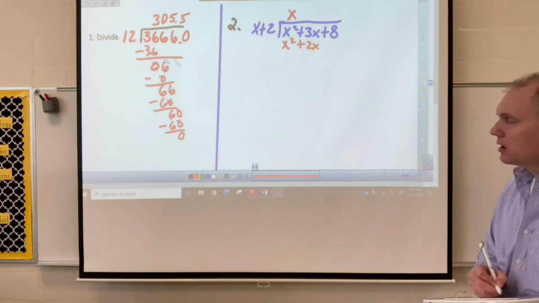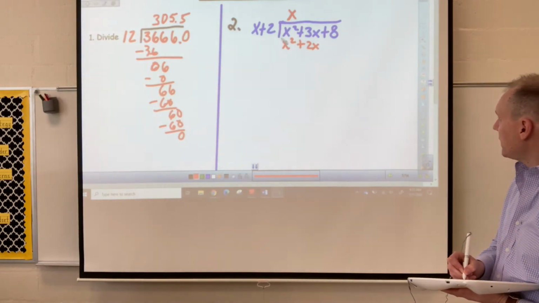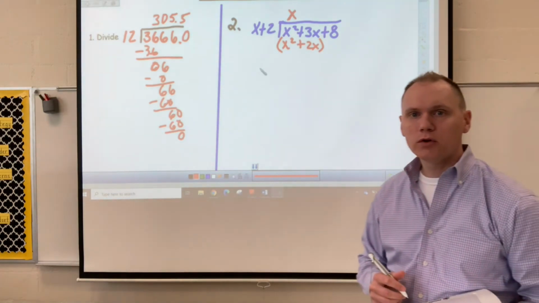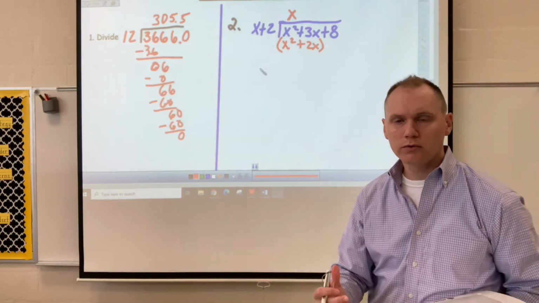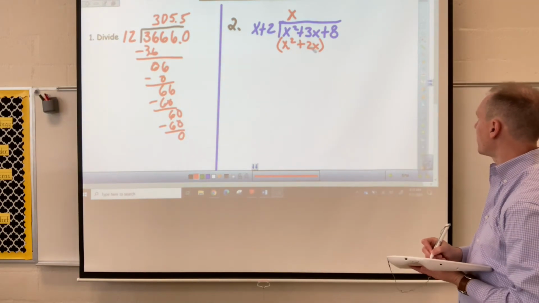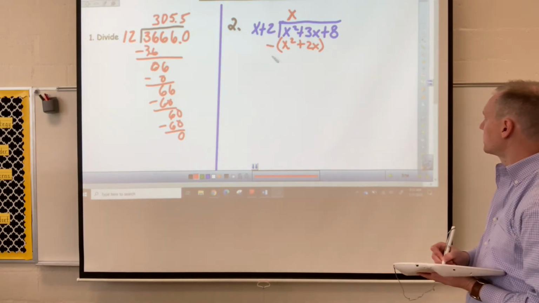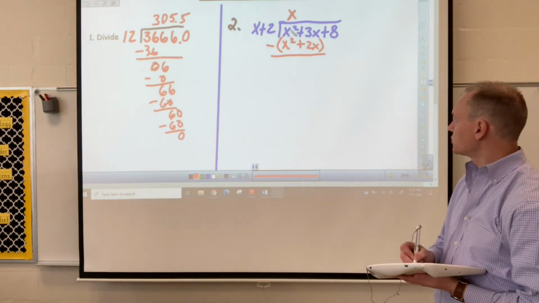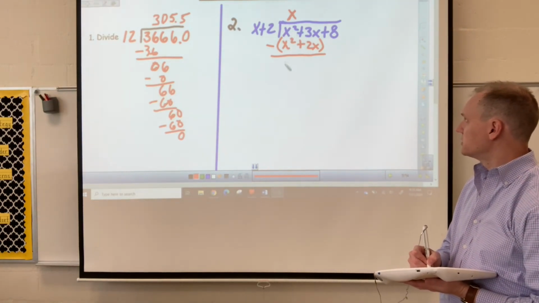And then what did we do over here? We subtracted, didn't we? So we're going to subtract. The main difference is when we do polynomials like this, I want you to put parentheses around the whole part right here and subtract. Okay? So, and just do it every time. X squared minus x squared is nothing. 0, right?